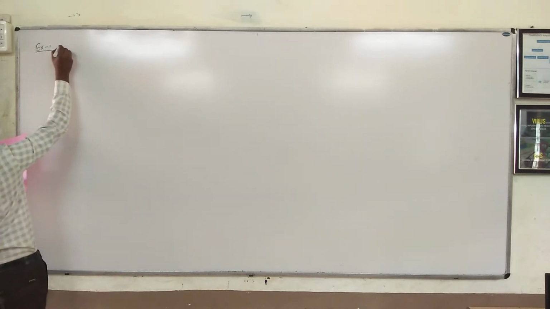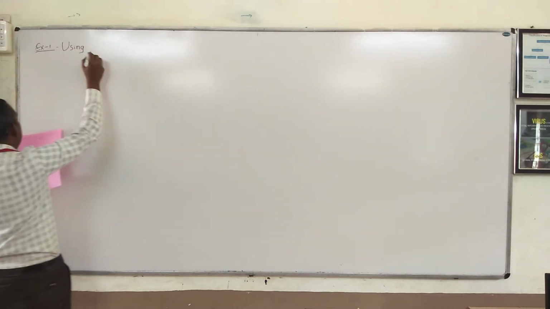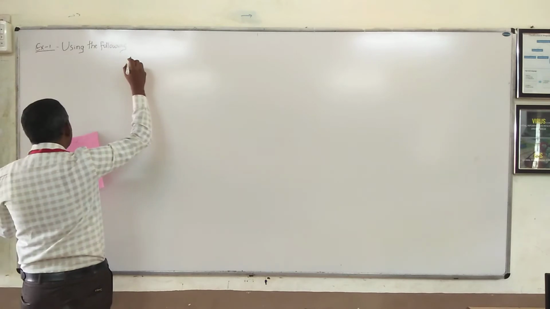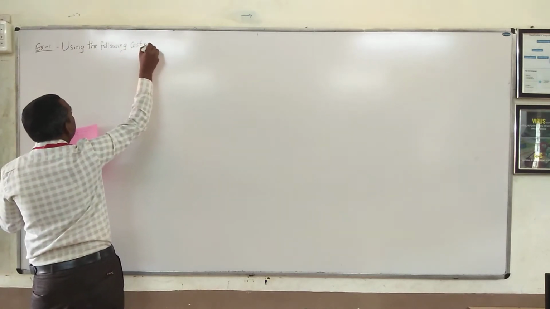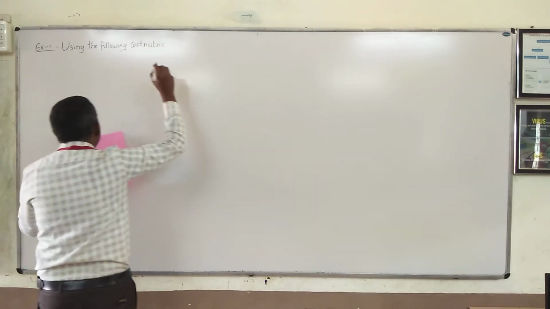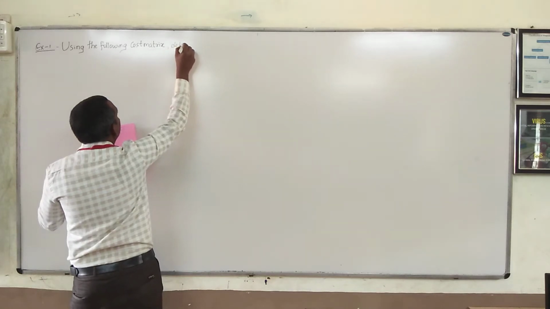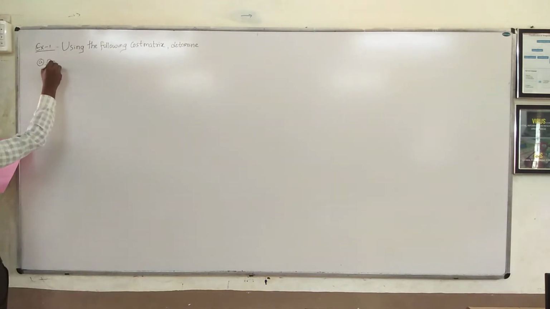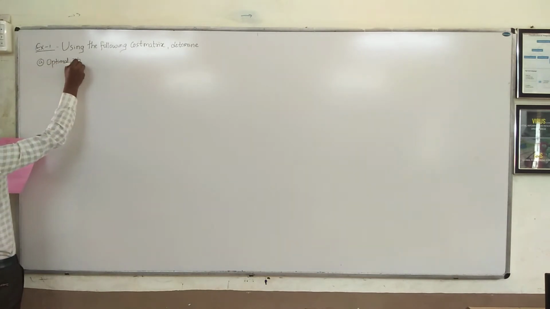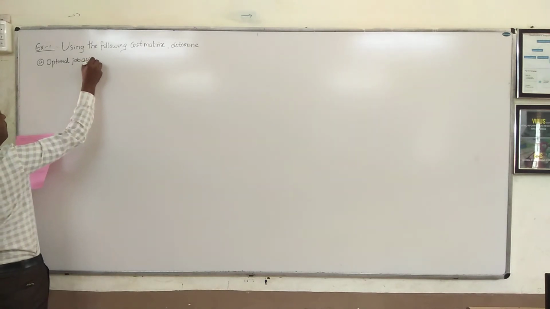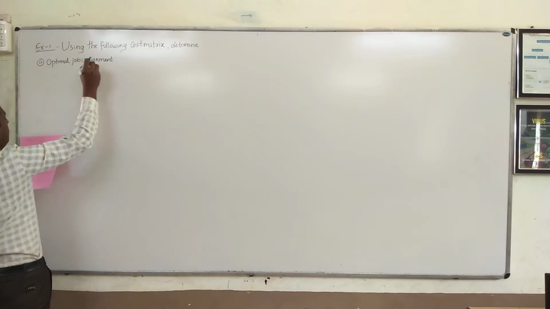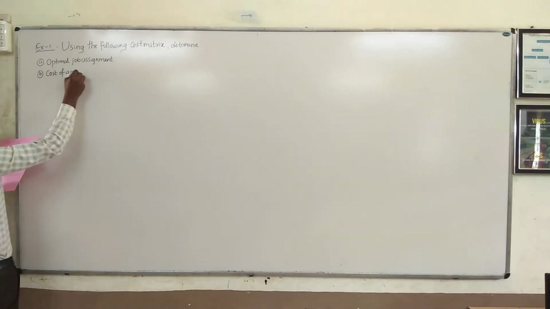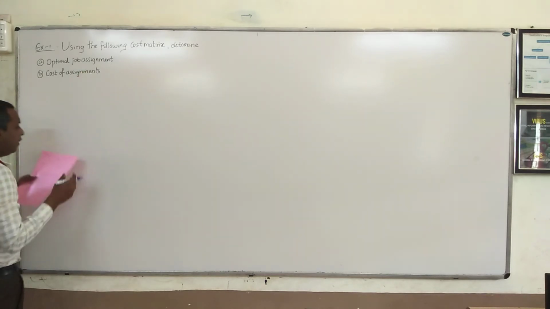Example 1. Using the following cost matrix, determine an optimal job assignment followed by the cost of assignments.